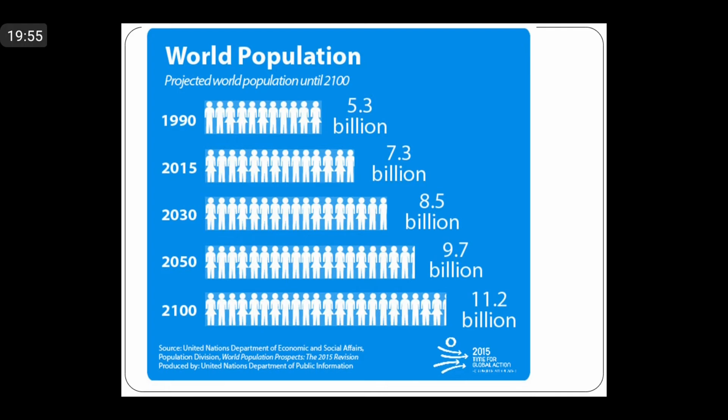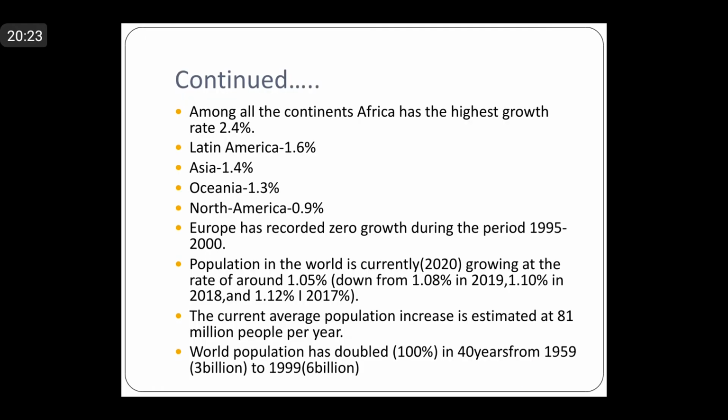You can see that between 2015 to 2030, the current population of the world is more than 7 billion. It has come to between 7.3 to 8.3 billion, and then 9.7, and in future it would be 11.2 billion in 2100.